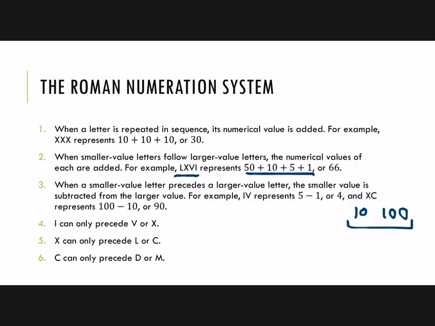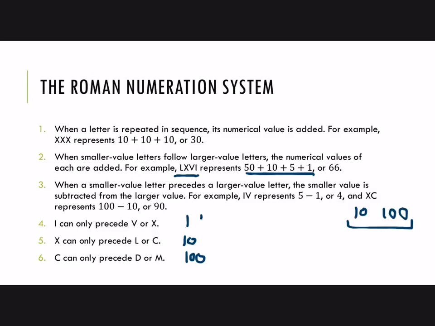And then finally we have 3 rules about what letters can precede what other letters. Ones, tens, and hundreds are the only smaller ones which can precede larger ones, and they can only precede the 2 next larger symbols.